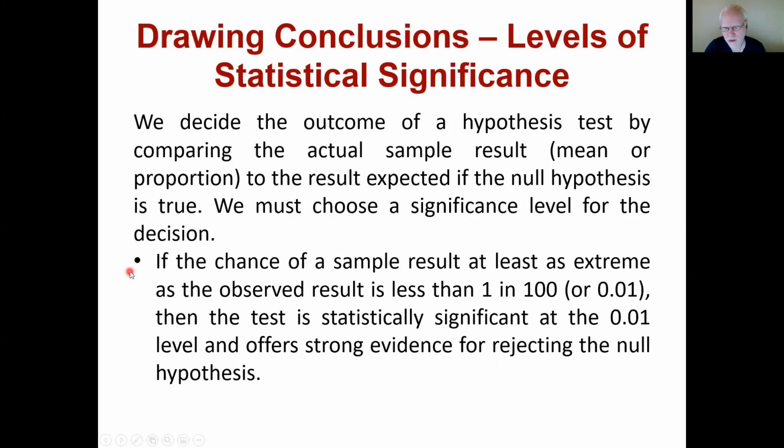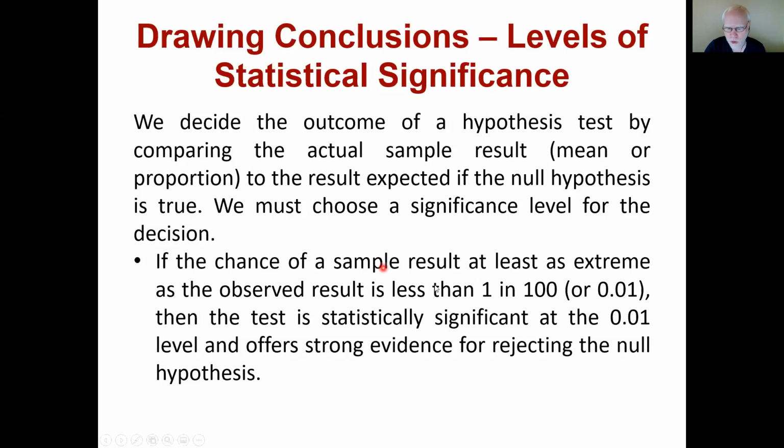So this one means that, say, you get 64 girls in a sample of 100. And if we look at the statistics, and we see that getting 64 girls is only going to happen 1 in 100 times if the null hypothesis is right, and the true population proportion is 50% because gender choice did nothing.